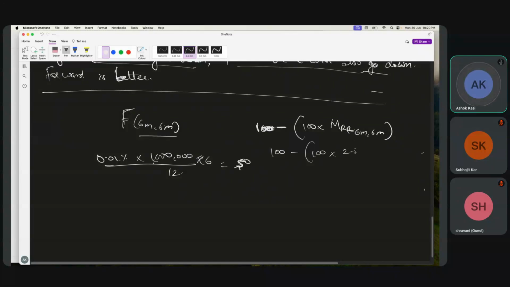So here it is 2.5 percent, so 100 minus 2.5 is equal to 97.5.